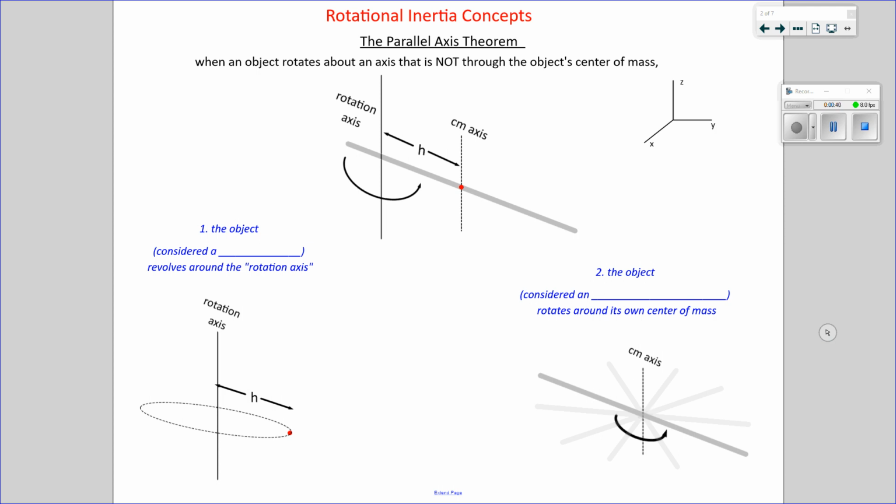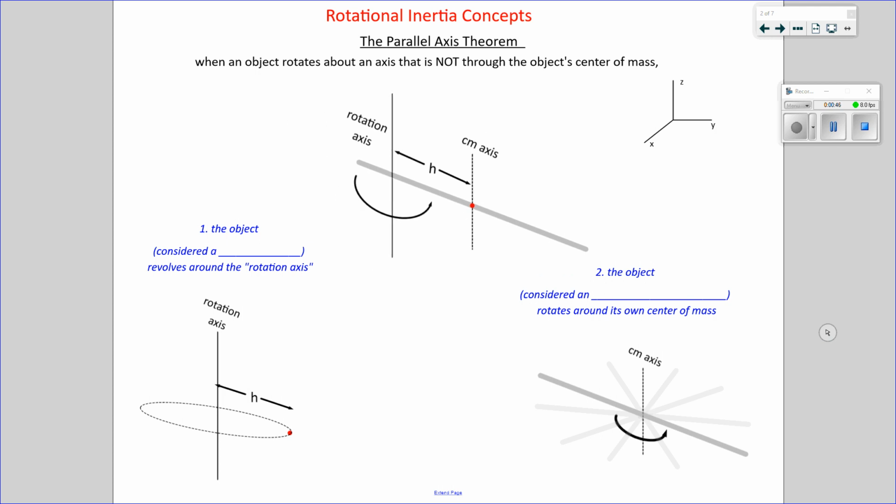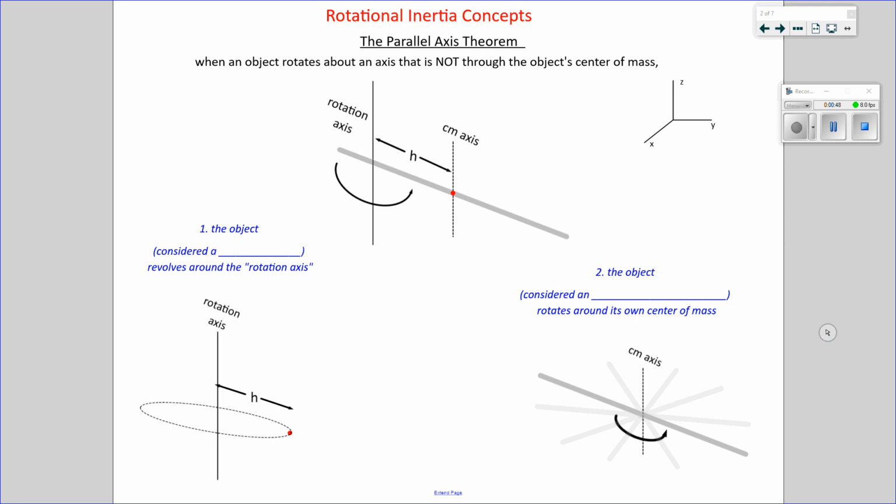So the primary one is called the parallel axis theorem. In our figure above, what we're saying is there's a rod and it's rotating about this axis. What I've identified on there is that the rod has a center of mass.